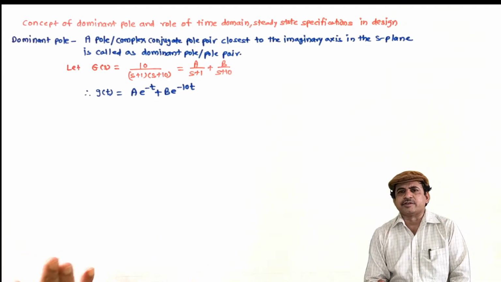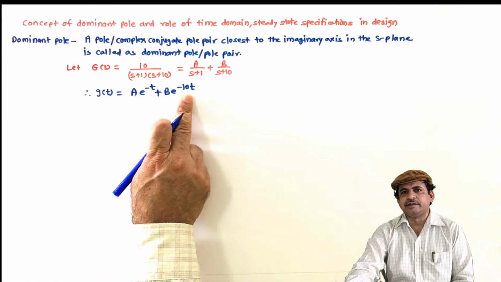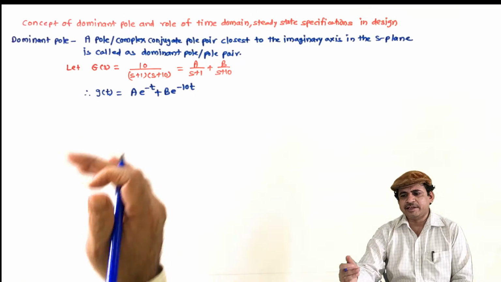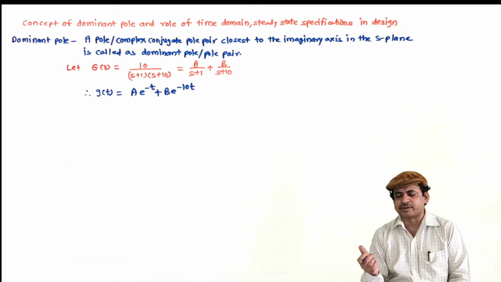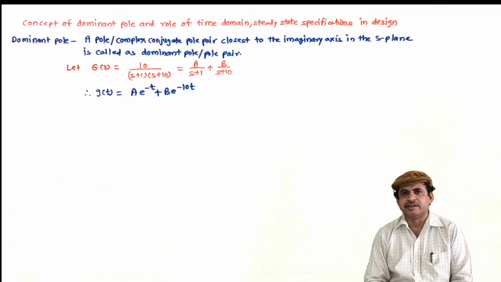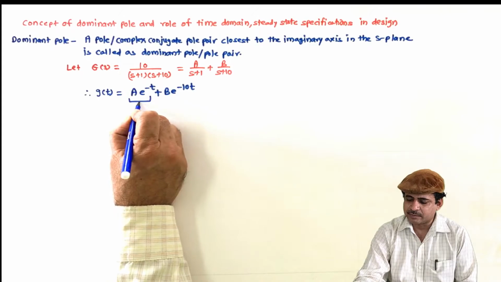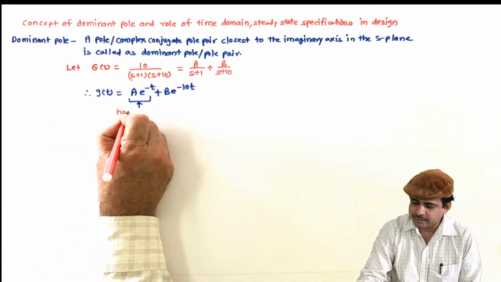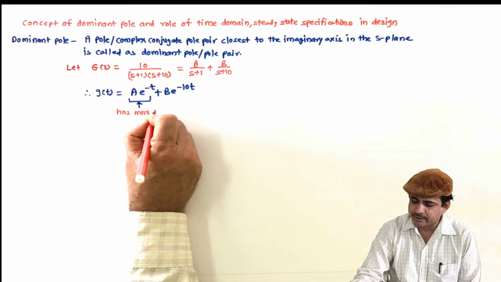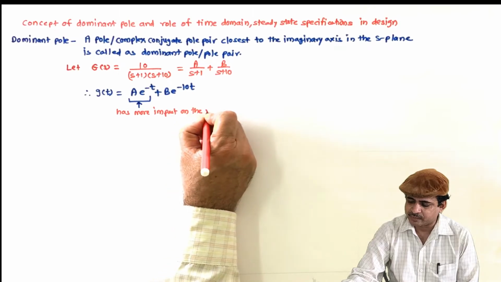And as time progresses, this e raised to minus 10t will vanish first, or it will become very small as time t progresses as compared to e raised to minus t, and that means this portion has more impact on the response.